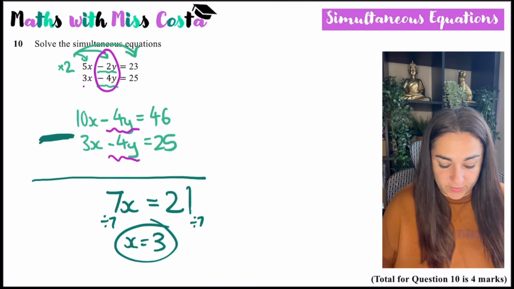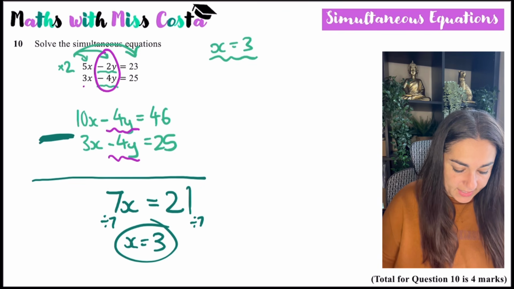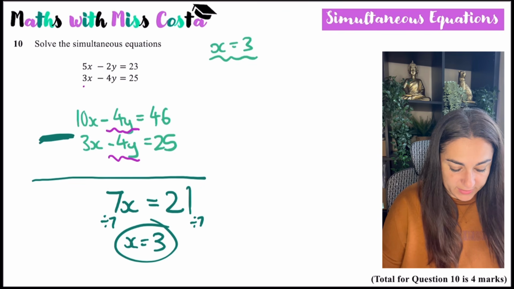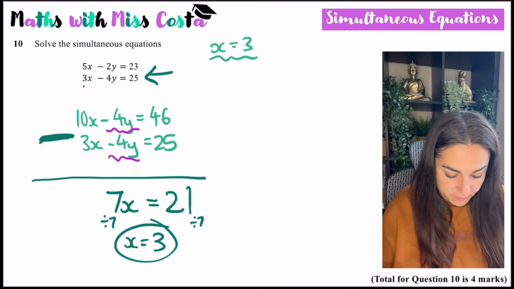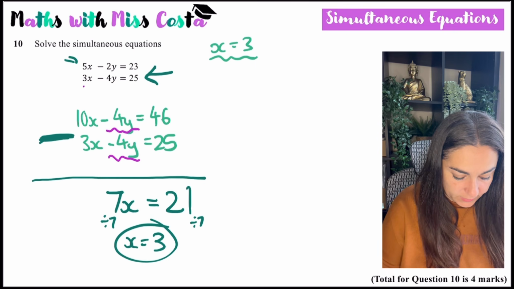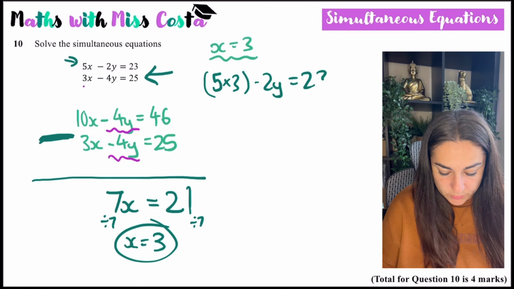And now what I need to do is substitute that back into one of my equations. It's generally always easiest to substitute it back into one of the original equations because they're going to be smaller. Doesn't really matter which one, but let's do the first one. So 5x is 5 times 3 minus 2y must equal 23.